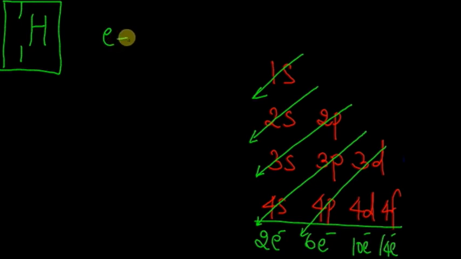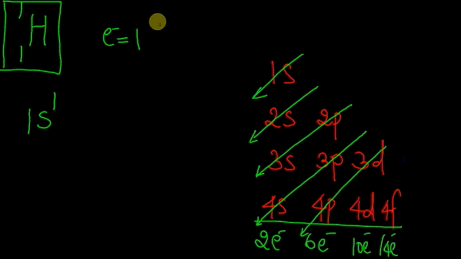Hydrogen in this case is neutral because I haven't denoted any charge onto it. So let us try writing the configuration of hydrogen. First, we start with 1s, and s can take 2 electrons. But we just have to fill 1 electron. So we write 1s1.